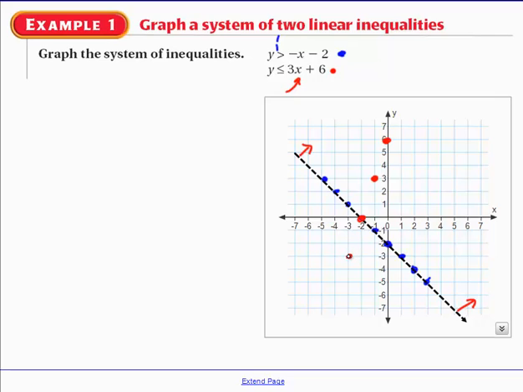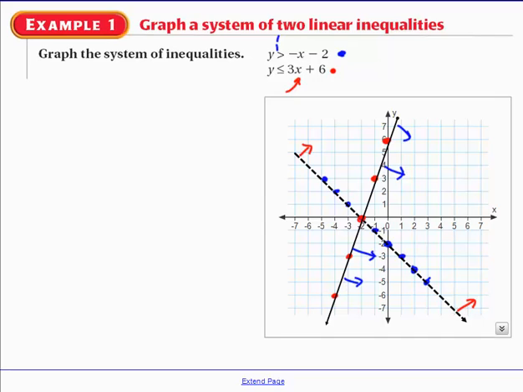Now remember before, when we looked at solutions, it was just the intersection. Now we have a whole region of answers. So we are going to have a solid line. And then for this one, y is going to be less than, so it's over here. So if you think about everything being shaded, it's all the points to the right here and all the points up here.